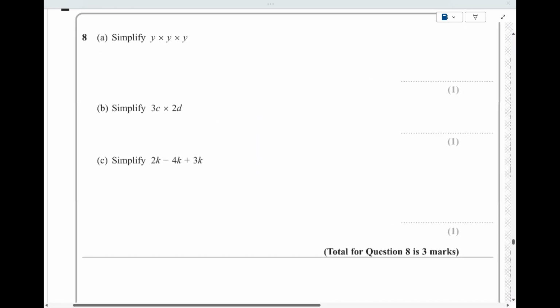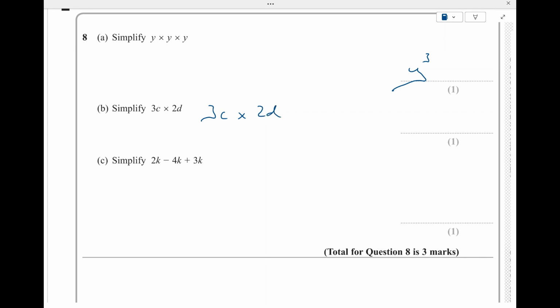Okay, question 8 coming up. Simplify y times y times y. Well, that's going to be y cubed, y to the power of 3. Now, 3c times 2d. So I'm going to have 3 times 2 times c times d. So that's going to be 6cd. Simplify this. Let's have a look.